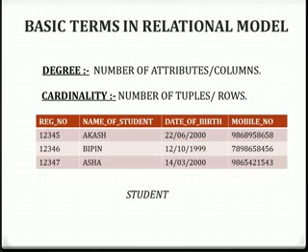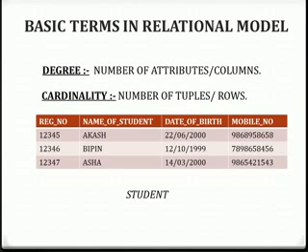Then tuples. The tuples are the rows. There are 3 rows. So all the values in each row are called a tuple. So there are 3 tuples here. Then the next was the domain. The value in each of the cells is called the domain. Next is degree.